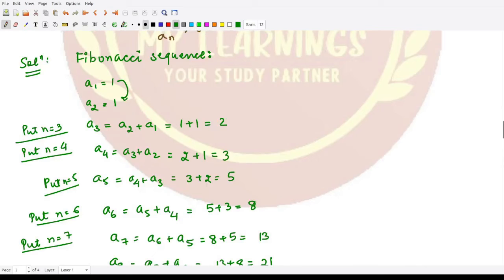We are adding these two to obtain 2, right? Then we are adding these two to obtain 3. Next, we are adding them together to obtain this 5. Next, we are adding them together to get 8. Next, we are adding this 5 and 8 to get 13, and so on, right?